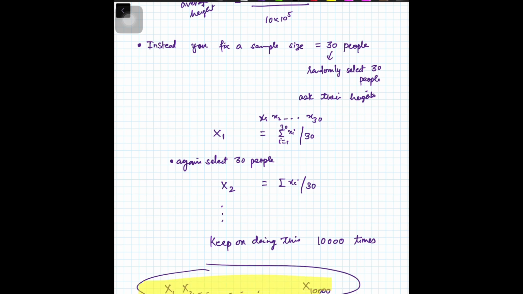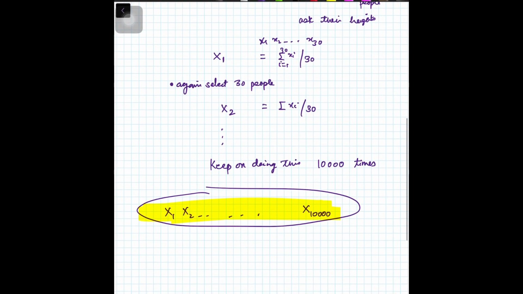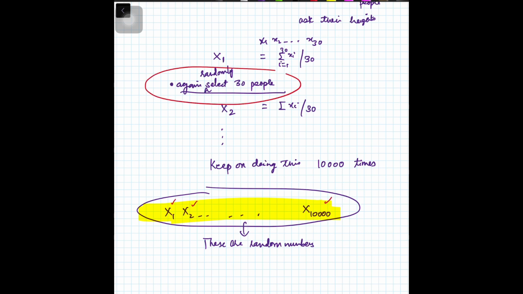Now what do these numbers represent? These numbers represent the average height of the people in the age group 30 to 35. These are random numbers. Why? Because you are randomly choosing 30 people. That's why these are random numbers, which means there is a variable.